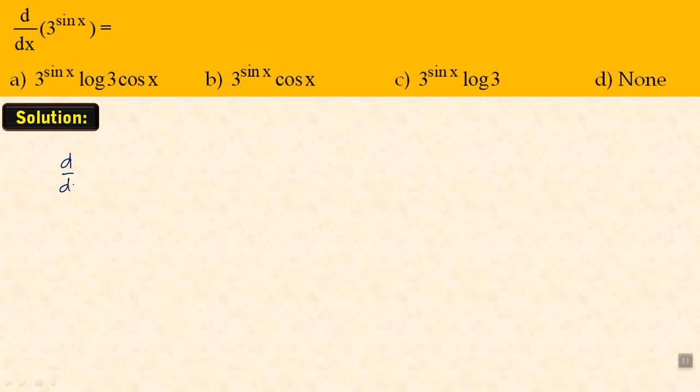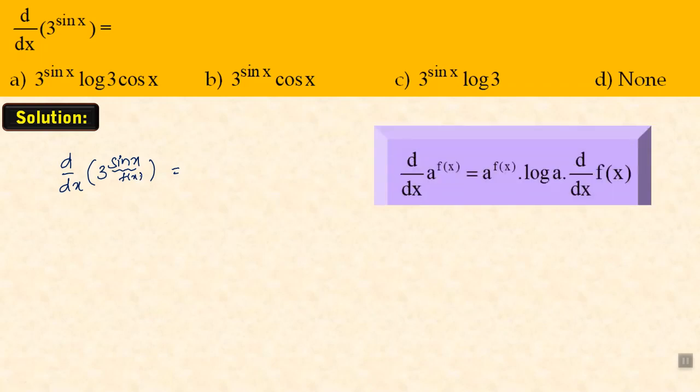d by dx of 3 power sin x is equals to, consider here sin x as f of x. We know that d by dx of a power f of x is equals to a power f of x into log a into d by dx of f of x.